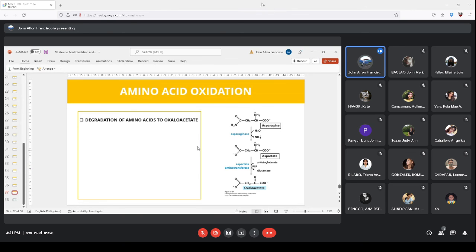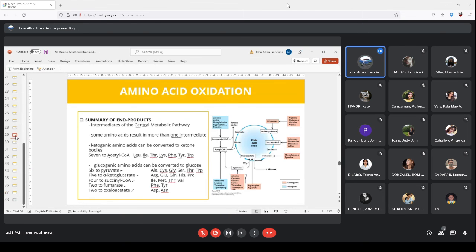So those are the degradation pathways for the conversion of your amino acids to different precursors for the citric acid cycle or glycolysis. Some of these compounds can form multiple intermediates or a specific intermediate, given their carbon skeleton.